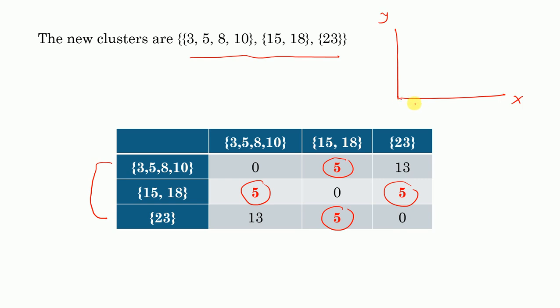So here simply you can write all these points: 3, 5, 8, 10, 15, 18, 23. So here the distance is 1, 2, 3, 4, 5, 6.